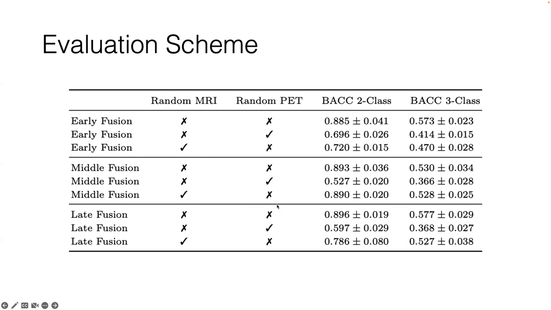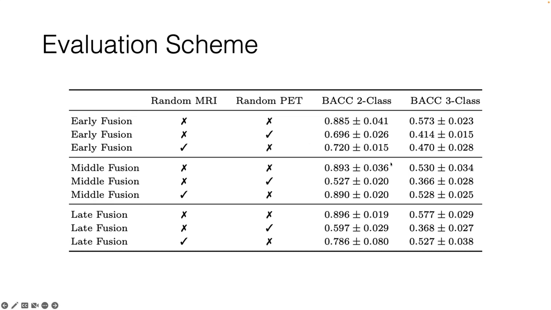So here we see the results for the ablation experiments that I mentioned earlier. We had our 3 experiments: correct data pairings, random PET paired with true MRIs, and random MRIs paired with true PET. Here we use a balanced accuracy score for our binary classification task, as well as a balanced accuracy score for our 3-way task.